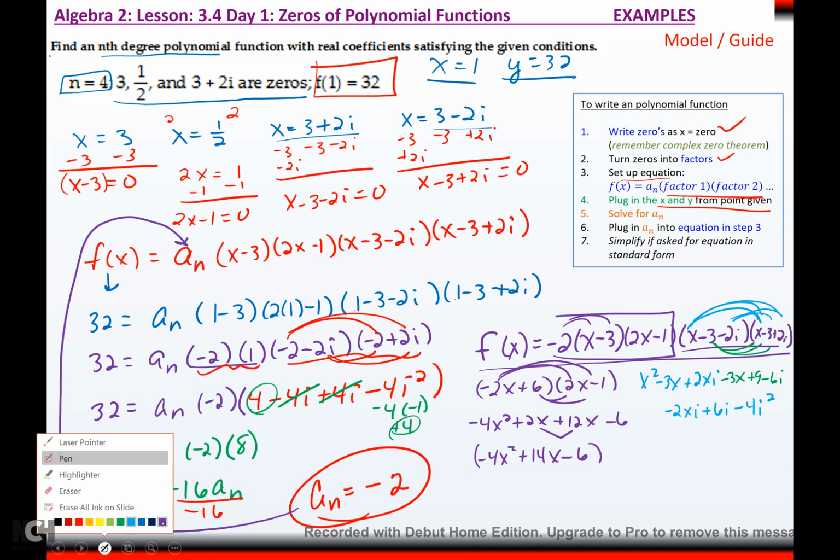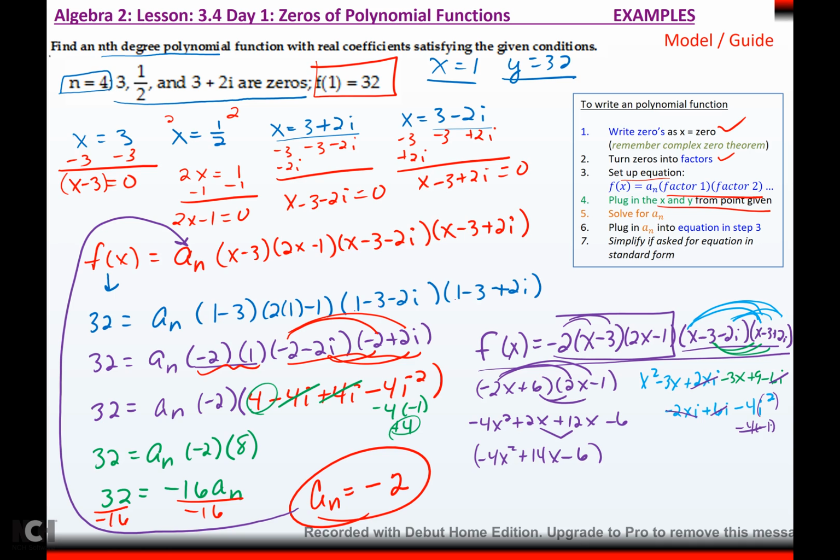So now, if we combine like terms, the i's should all cancel. Negative 2xi, positive 2xi, positive 6i, negative 6i. That's going to be negative 4 times negative 1, which is going to be positive 4. So that simplifies down to x squared minus 6x plus 13.